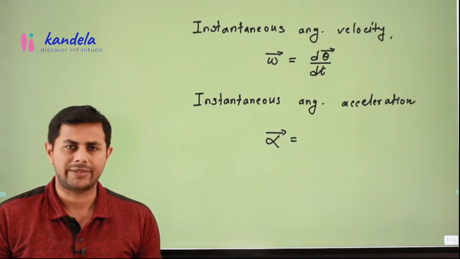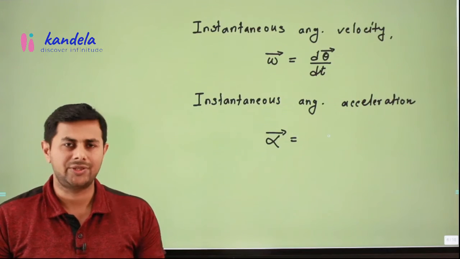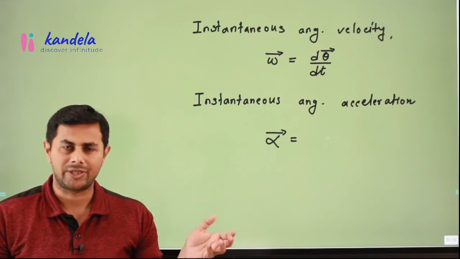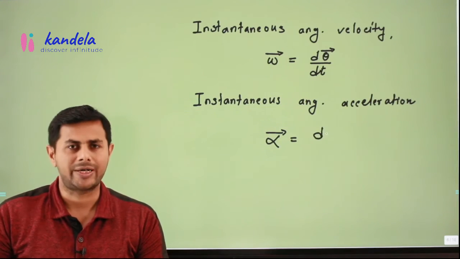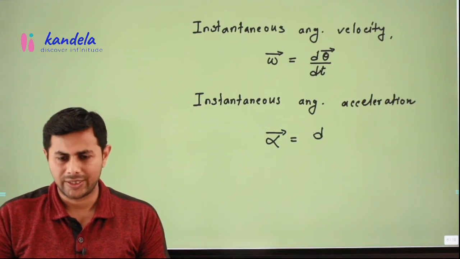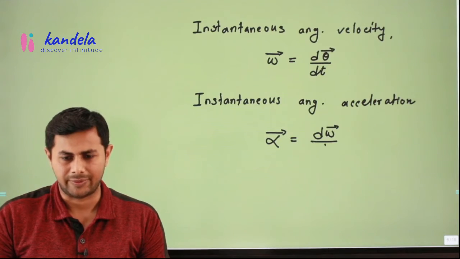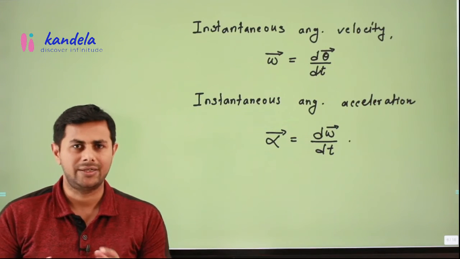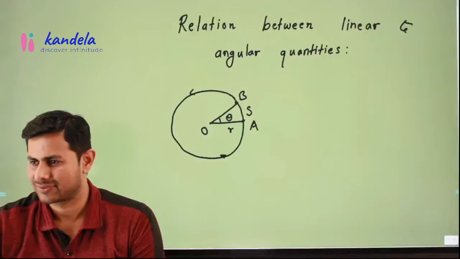So what is angular acceleration? It is change in angular velocity with respect to time. So instantaneous angular acceleration will be change in angular velocity with respect to time at a particular time. When we want to find out quantities at a particular time, we make use of derivatives. So it is derivative of omega with respect to time. All right. So these are average quantities and instantaneous quantities.